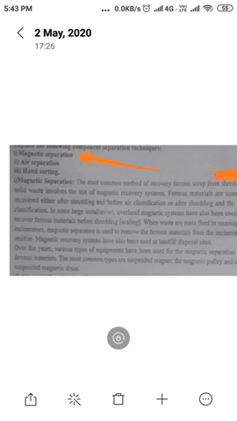The lighter materials may include plastic, papers, organic matter like that. So the separation is from lighter to heavier, smaller to bigger, organic to inorganic.